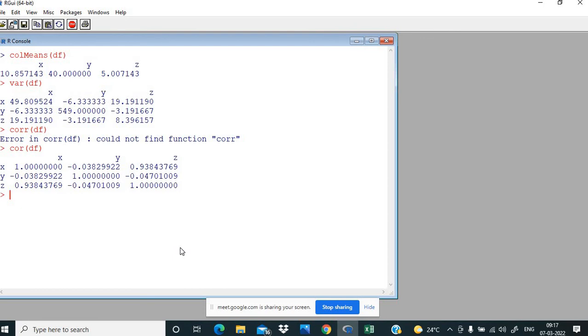Now, how to compute the third moment, the fourth moment, and then the measures of skewness and kurtosis. First, calculate the third moment. Let us give a name mu3 equal to sum of, then bracket, x minus mean of x, close the bracket, to the power 3 divided by length of x.